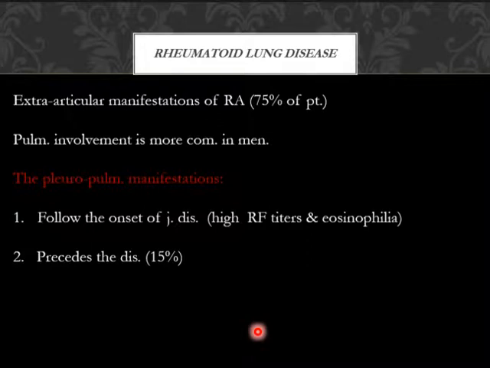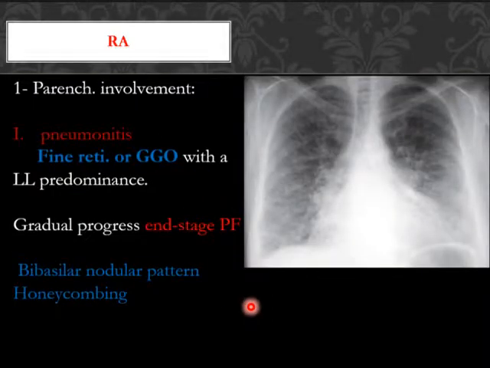Pulmonary involvement is more common in men, and the pleuropulmonary manifestations either follow the onset of joint disease, which is the majority of cases, or precede the joint disease in about 15% of cases.